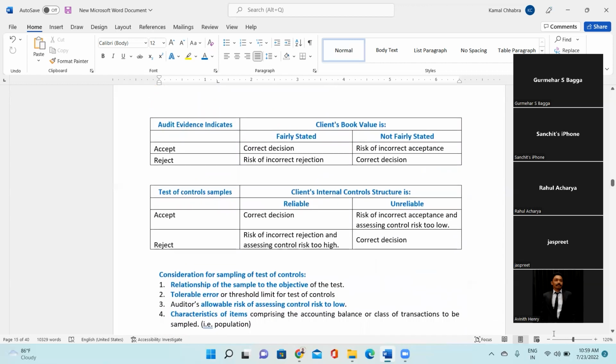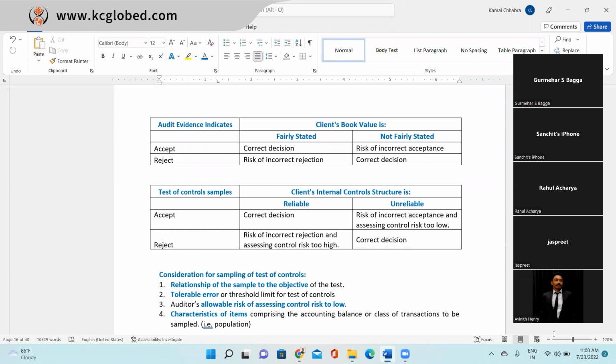Okay, so here is the table actually, what we were discussing, so that you all can easily see how it actually looks. First table is for test of details and second table is for test of control. So in the first table, if you see, audit evidence indicates that from 1000 transactions, you have tested 25 transactions, and those 25 transactions are fairly stated, then you are accepting.